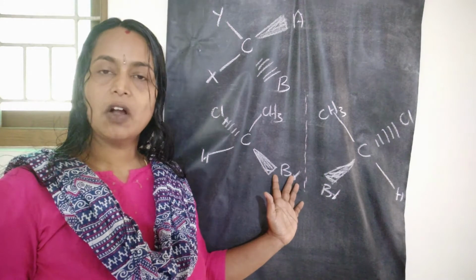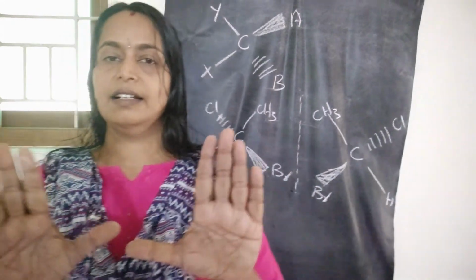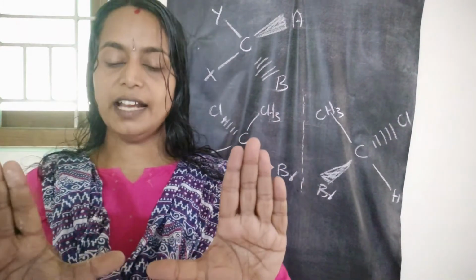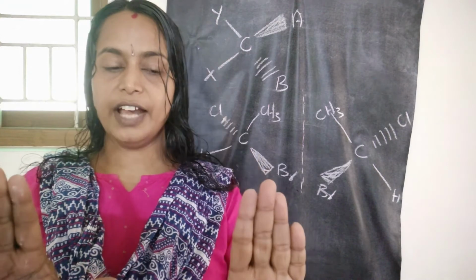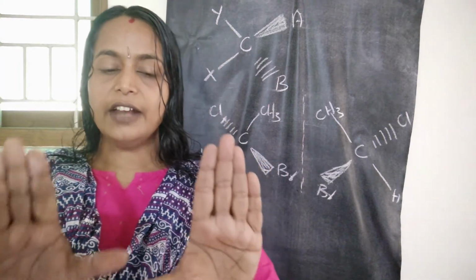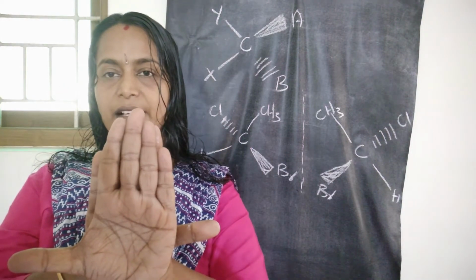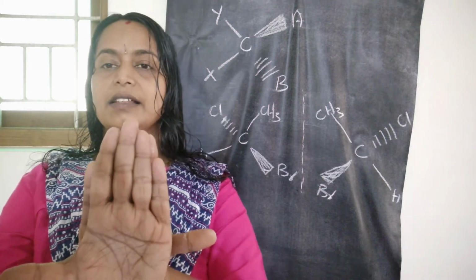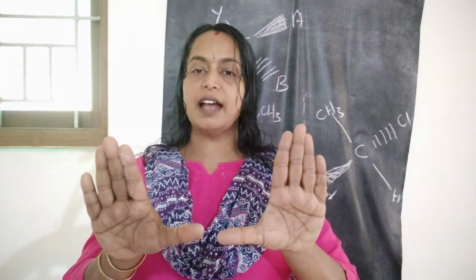Our left hand and right hand are mirror images: the left hand is the mirror image of the right hand, and it cannot be superimposed over the right hand. This type of structure is called chiral.